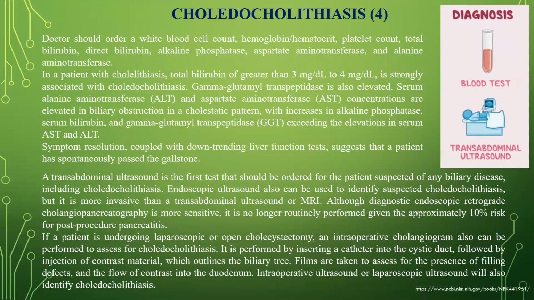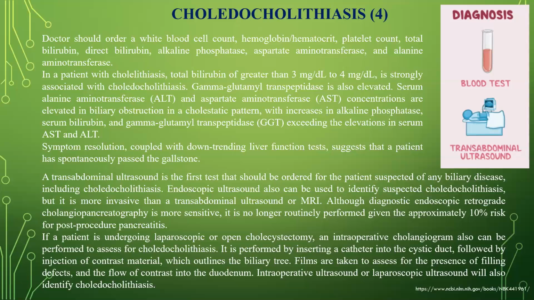In patients with cholelithiasis, total bilirubin greater than 3 mg/dL to 4 mg/dL is strongly associated with choledocholithiasis. Gamma-glutamyl transpeptidase is also elevated. Serum alanine aminotransferase and aspartate aminotransferase concentrations are elevated in biliary obstruction in a cholestatic pattern, with increases in alkaline phosphatase, serum bilirubin and GGT exceeding the elevation in serum AST and ALT.